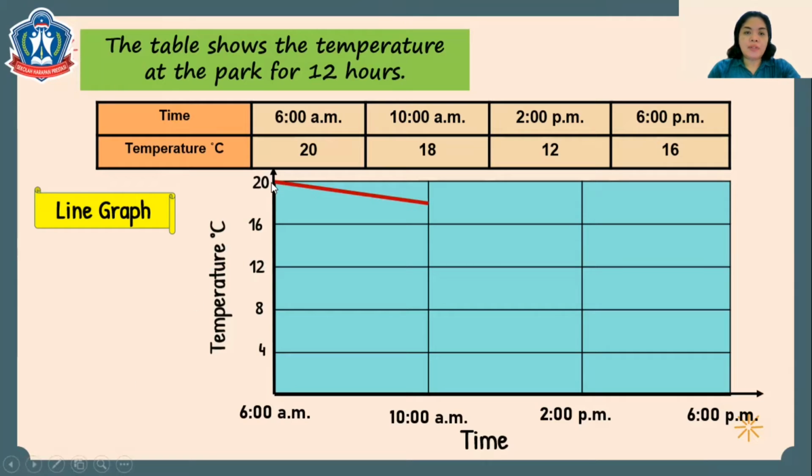Here. So from 20 degrees to 10 a.m., that is 18 degrees. So 18 is between 20 and 16. So we put the point in the middle between 16 and 20 here. So this is for 18 for 10 a.m. 20 is for the 6 a.m.